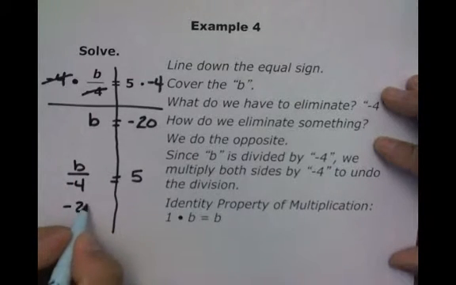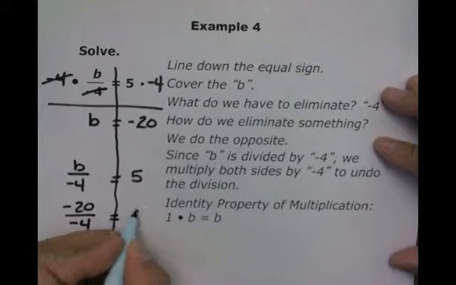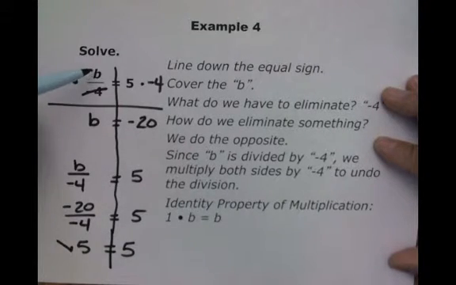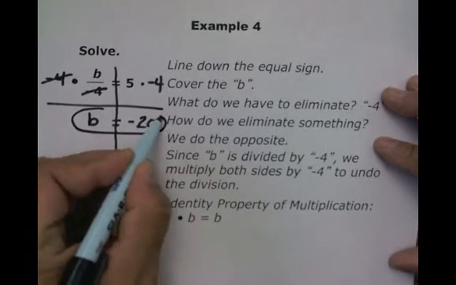So that's negative 20 divided by negative 4 equals 5. Negative divided by negative is positive, and 20 divided by 4 is 5. And does 5 equal 5? Yes, it does. So in the equation b divided by negative 4 equals 5, b is equal to negative 20.